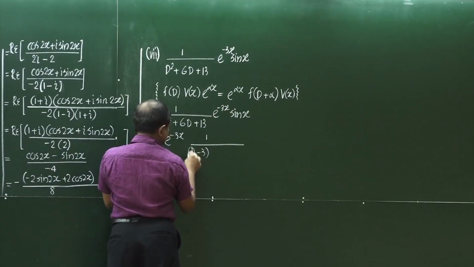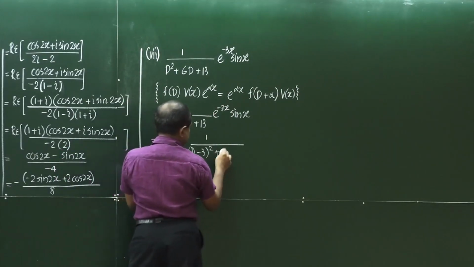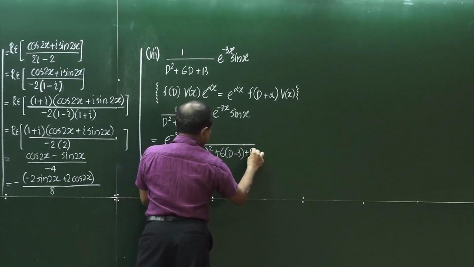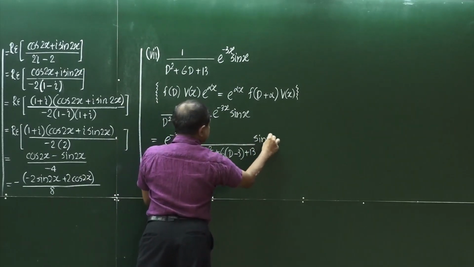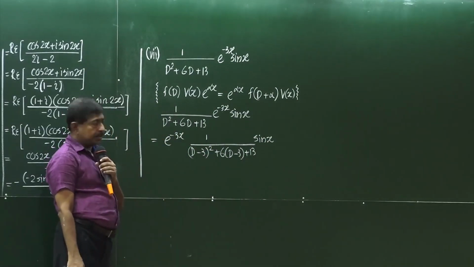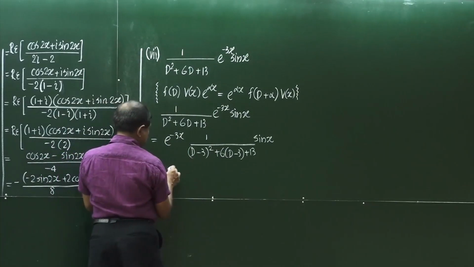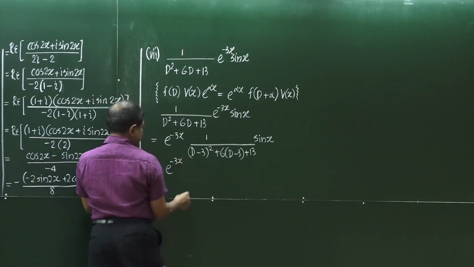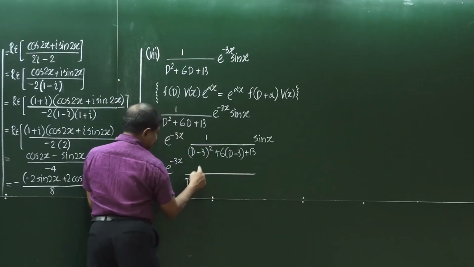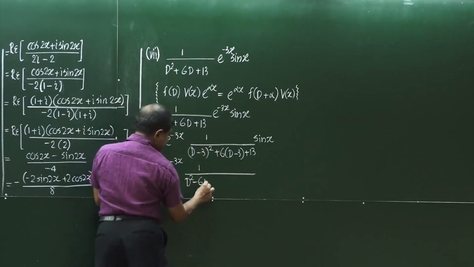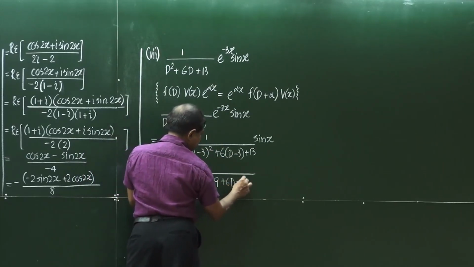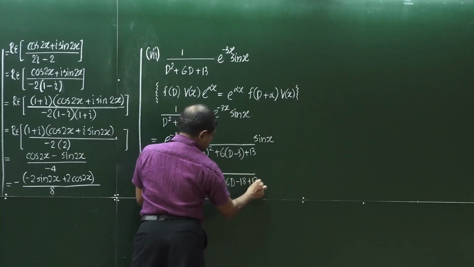D minus 3 squared plus 6 times d minus 3 plus 13. You have only sin x on this side. It is in the operator, but e to the power minus 3x has been pulled out. Now we can simplify this. You can expand it. D squared, then the term 2ab is minus 6d plus 9. Here you have plus 6d minus 18 plus 13.